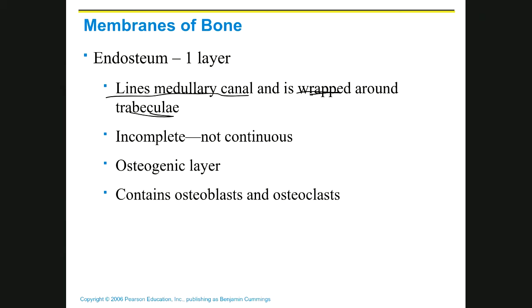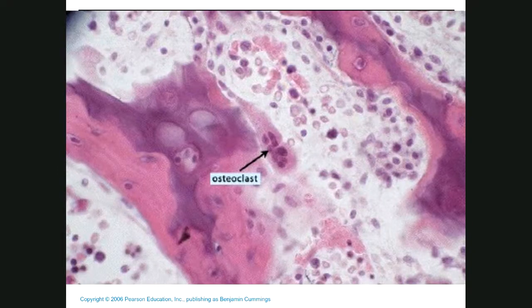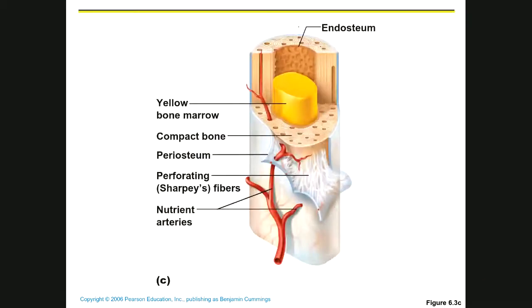Well, our periosteum, remember, had two layers. There's one here and one here. But the endosteum only has one layer. And the layer it has is that osteogenic layer. So in other words, it's just like this part right here.